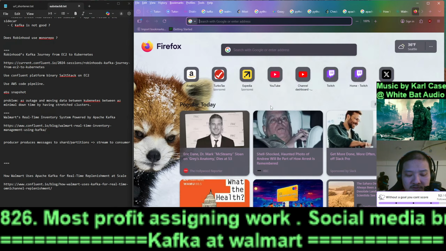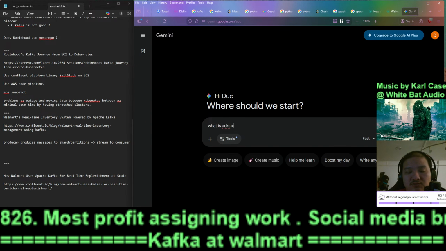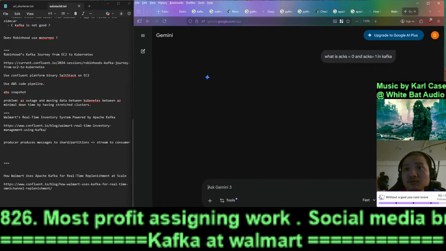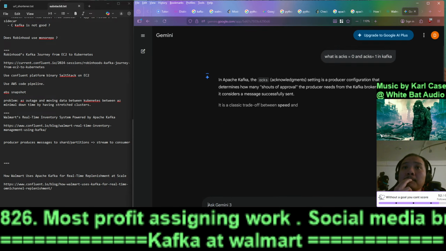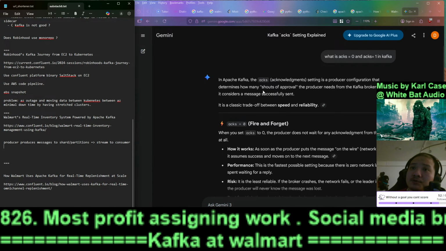So okay, Gemini, what is acks equal 0 and acks equal 1 in Kafka? Producer configuration. Also, this is basically, what was that, the Cassandra quorum consistency, right? Similar.